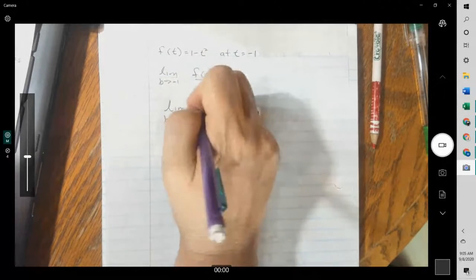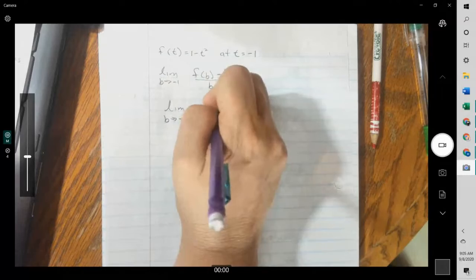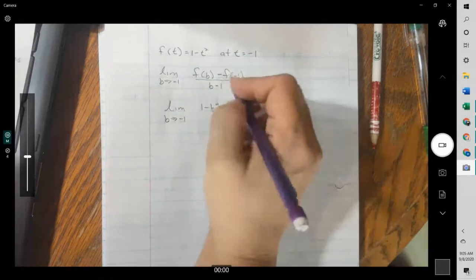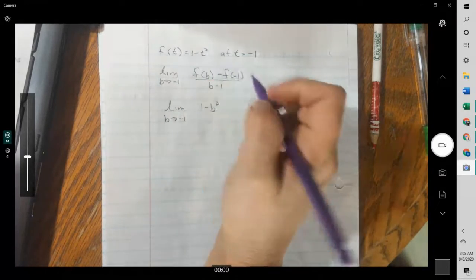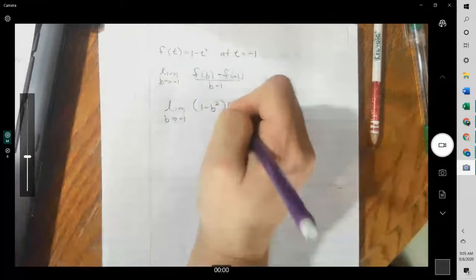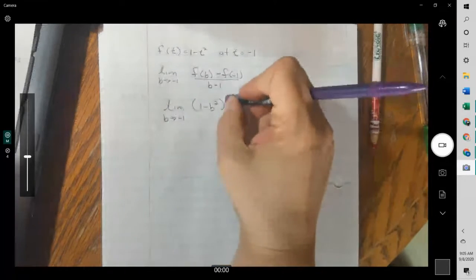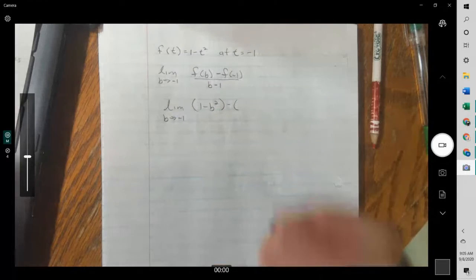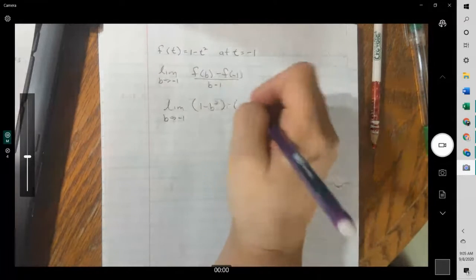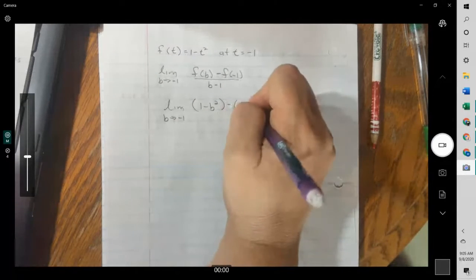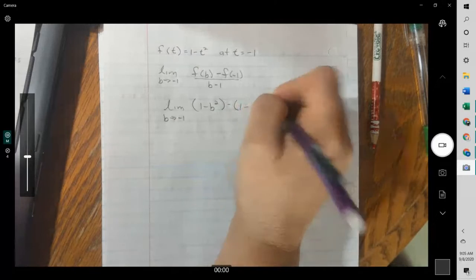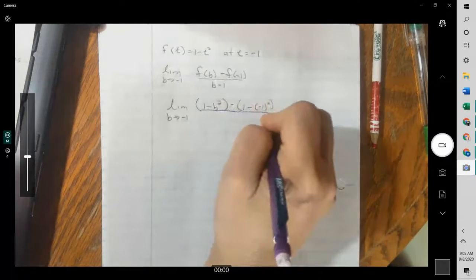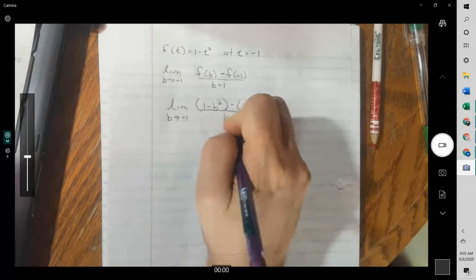Plugging in b, we have 1 minus b squared. Over here, plugging in -1, we have 1 minus -1 squared all over b minus -1.